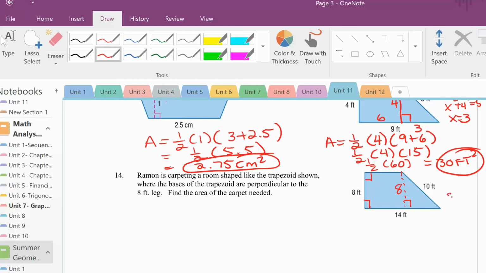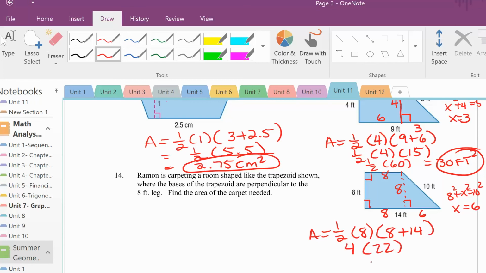So if we do 8 squared plus x squared equals 10 squared, you're going to get x equals 6. So this is 6, which means this is 8. So then the top here is 8. So if you find the area of the trapezoid, it's 1/2 of 8, which is the height, times 8 plus 14. So 4 times 22 is 88 square feet.